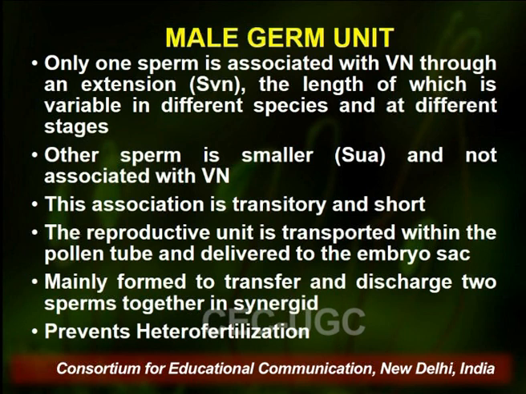The association between the two sperms and the vegetative nucleus is transitory and short. The reproductive unit is transported within the pollen tube and delivered to the embryo sac. This association is mainly formed to transfer and discharge these two sperms together into the synergid in order to prevent heterofertilization.